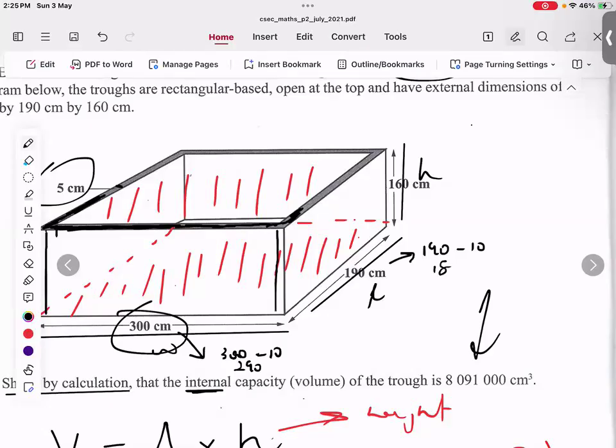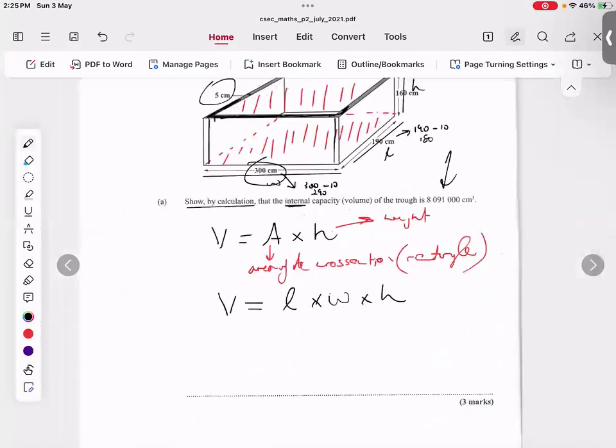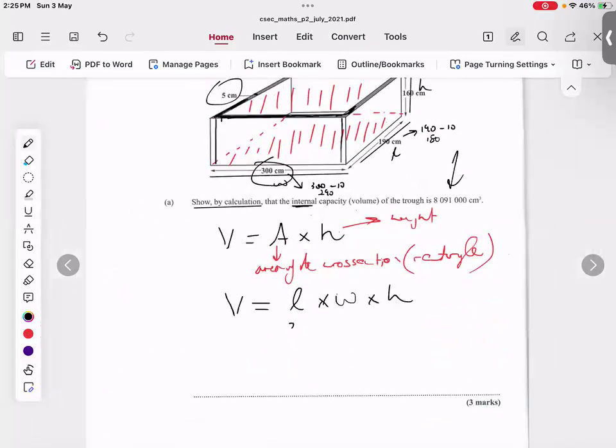So that's 180. Now go ahead now and multiply 290 by 180 by 160. How much did you get? 8,352,000. Hold on.